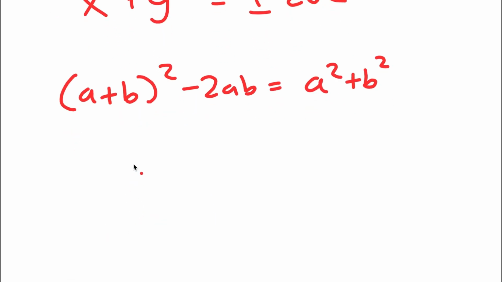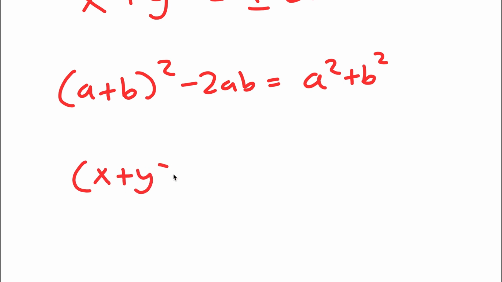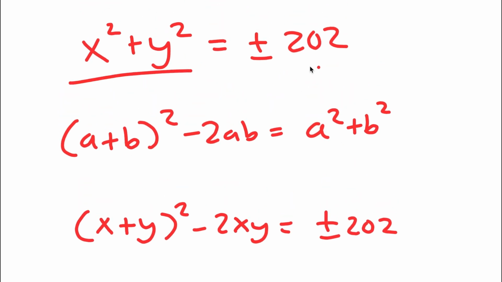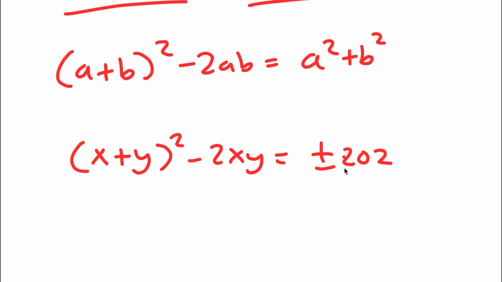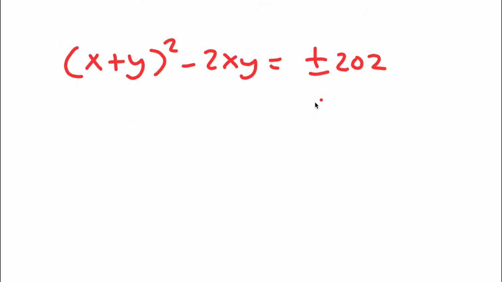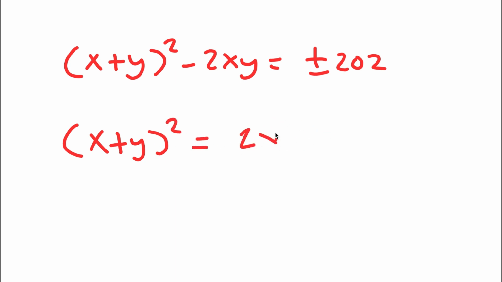So this means that (x plus y) squared minus 2xy is equal to positive or negative 202, because x squared plus y squared is positive or negative 202. So if I subtract 2xy, all I'm left with is positive or negative 202. So this means that (x plus y) squared is equal to 2xy plus or minus 202.